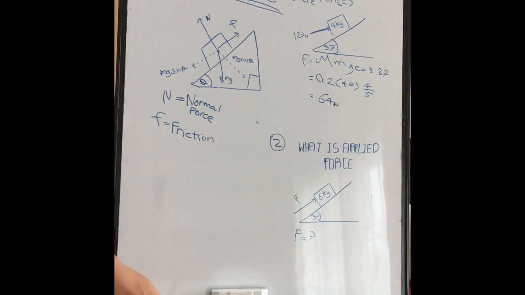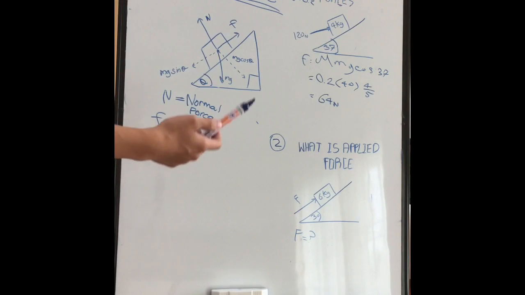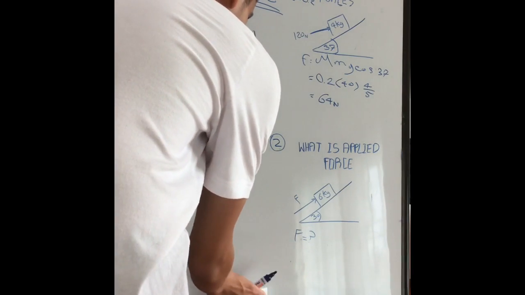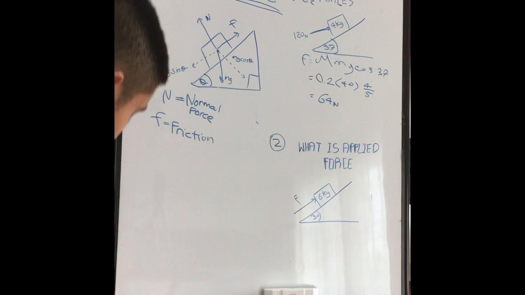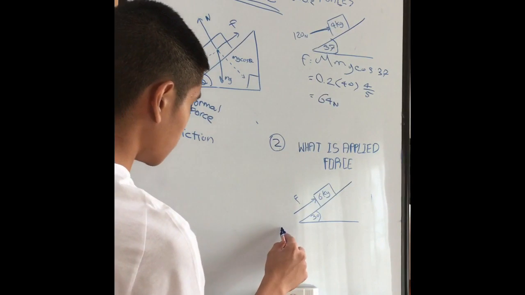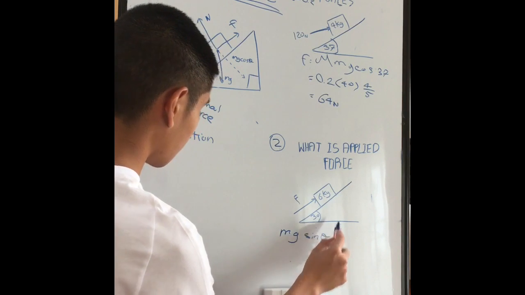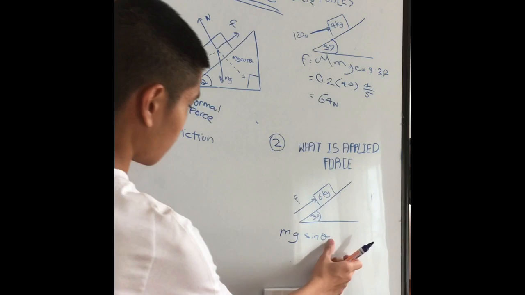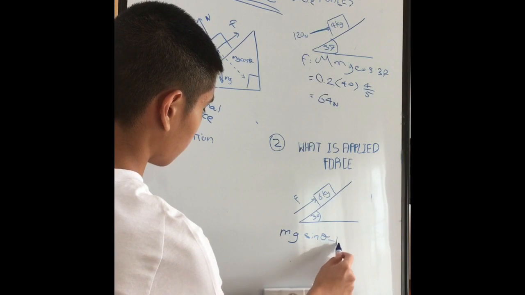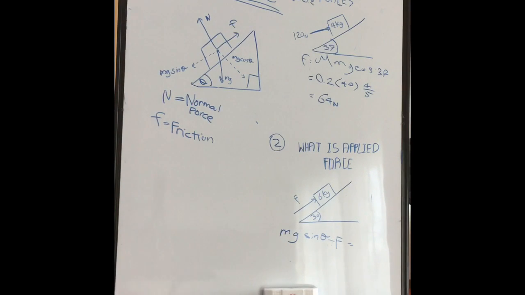Then, if you want to find the applied force on the inclined plane, we need to use mg sine theta minus the applied force equals 0.